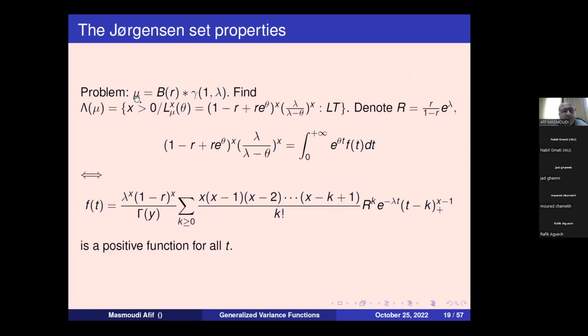The problem is to find the Jorgensen set of the measure mu, which is the convolution product of Bernoulli and gamma. The gamma distribution is infinitely divisible, its Jorgensen set is (0, +infinity), but the Bernoulli distribution is not infinitely divisible.